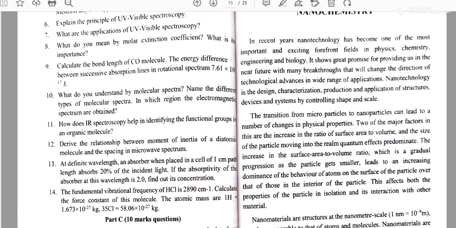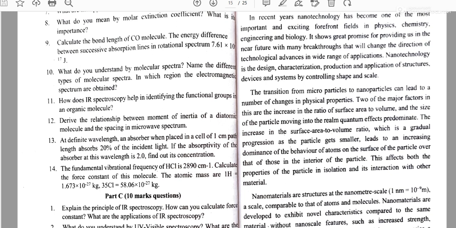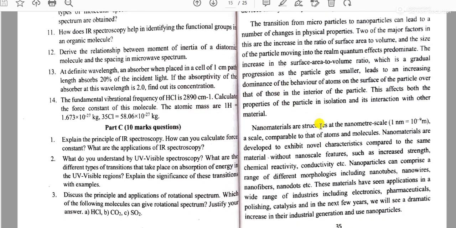Next paragraph: nanomaterials are structures at the nanometer scale, that is, 1 nanometer is equal to 10 raised to minus 9 meter. It is comparable to the size of atoms and molecules.